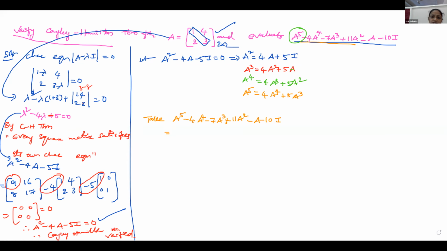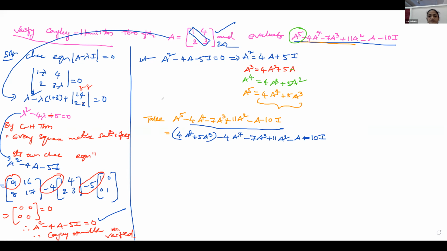What is the highest power of the matrix here? A power 5 is the highest power and we have to substitute its value, 4A power 4 plus 5A cube. The remaining polynomial is minus 4A power 4 minus 7A cube plus 11A square minus A minus 10I.